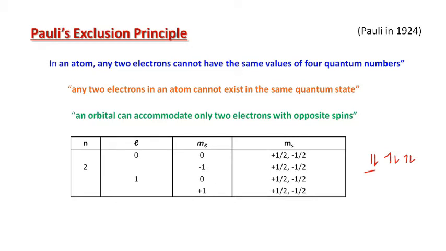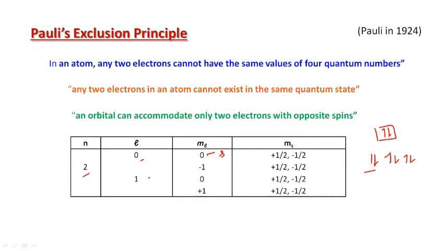We can understand this with another example, the second shell. Here n equals 2 and corresponding to this n we have l values 0 and 1. Corresponding to l equal to 0, ml has the value 0. This s has only one orientation in space, therefore it has only one orbital, and that orbital is represented like this, and it can accommodate a maximum of 2 electrons.